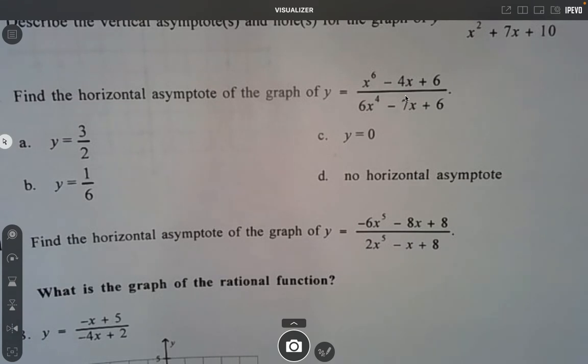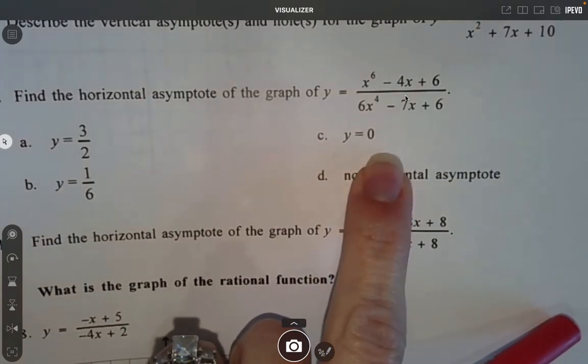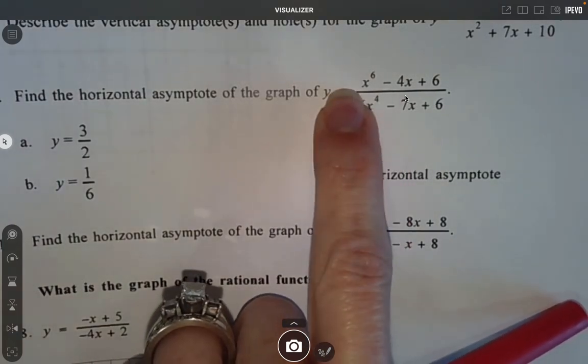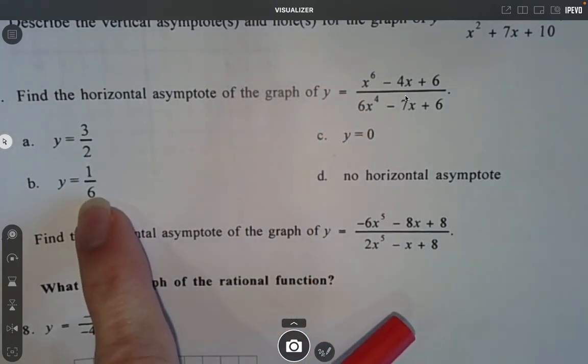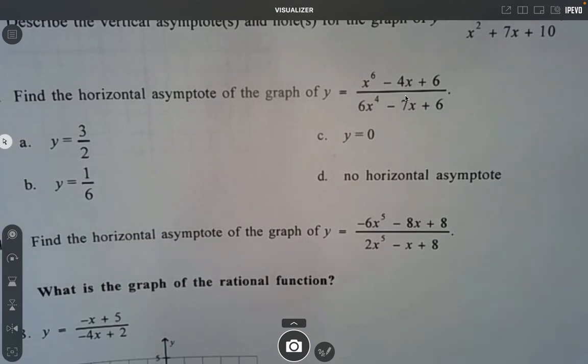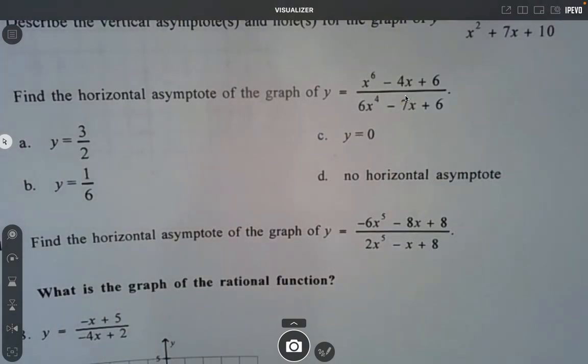Still, they'll be on the board. If the numerator is bigger, then it's none. If the numerator is smaller, then it's 0. And if they were the same, it would be 1/6, because there's an understood 1 over 6. This one's multiple choice, but that's all you're looking at, the 6 and the 4. Yeah, those are your 3 options. Okay? All right.